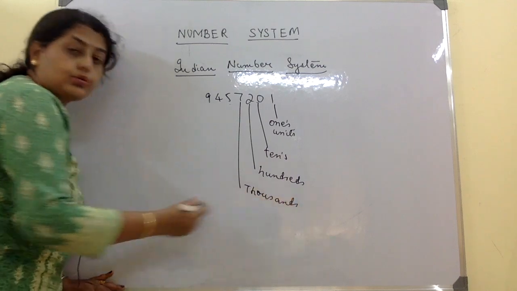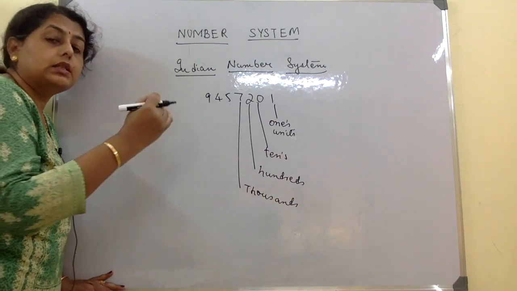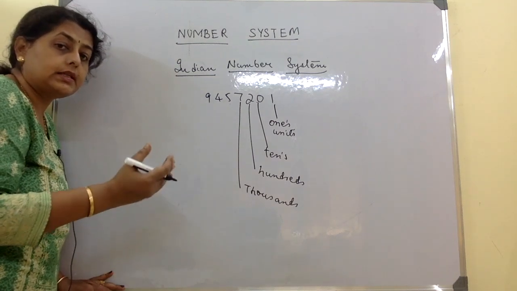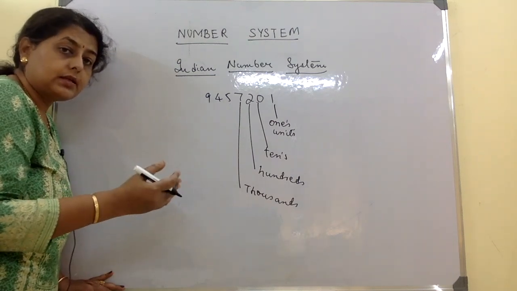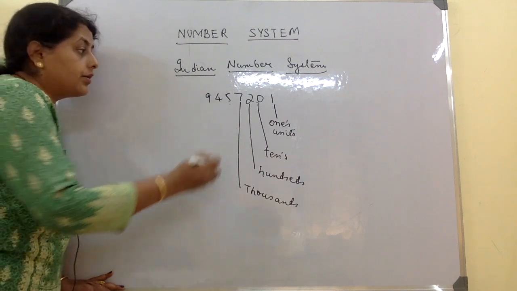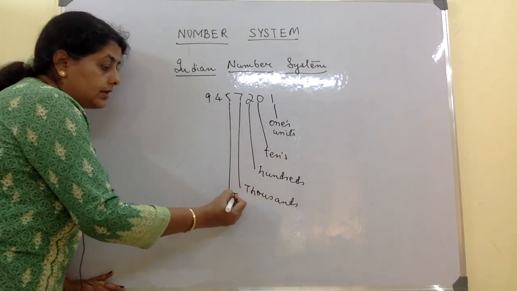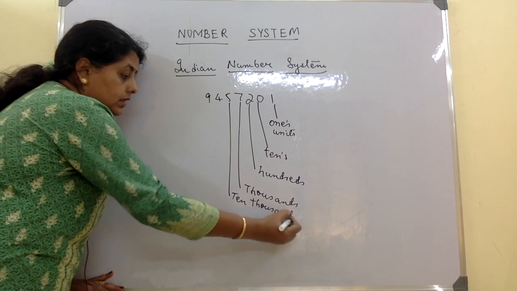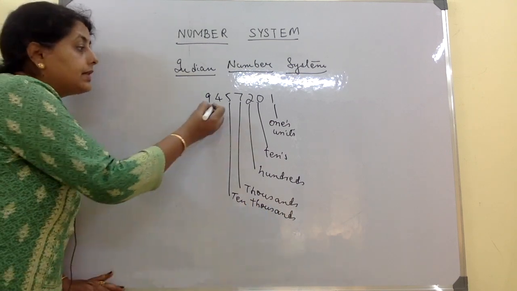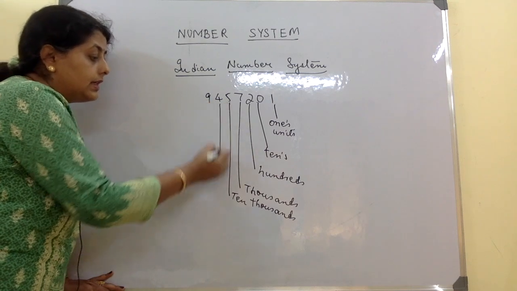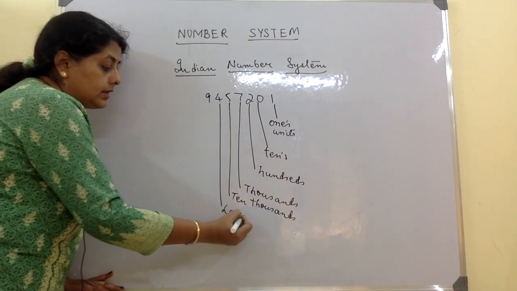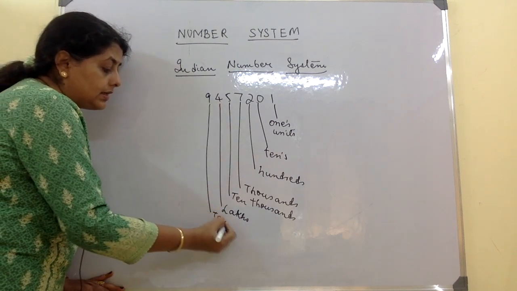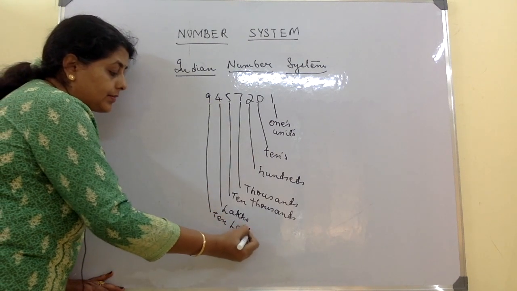Then this is the 10,000s place, and then comes the lakhs place, and then the 10 lakhs place.